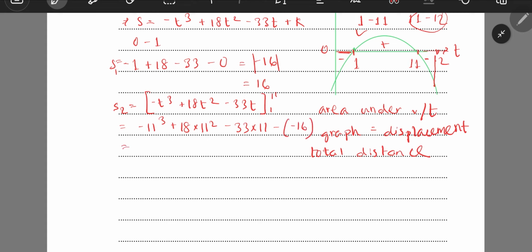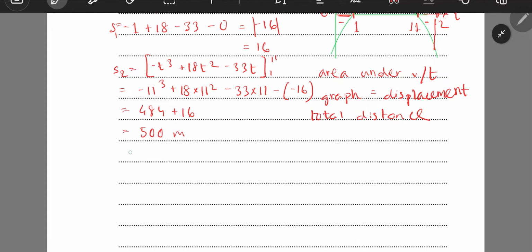So simplifying, that gives us 484 plus 16, so that's 500 meters.